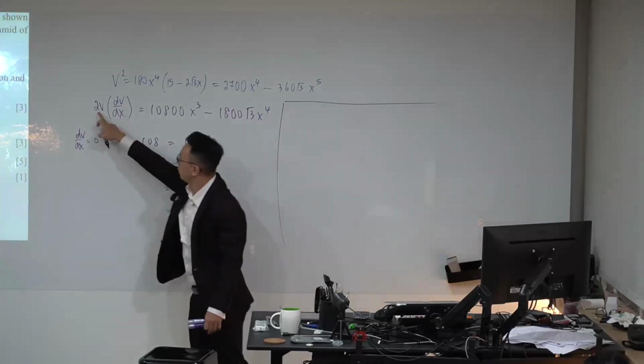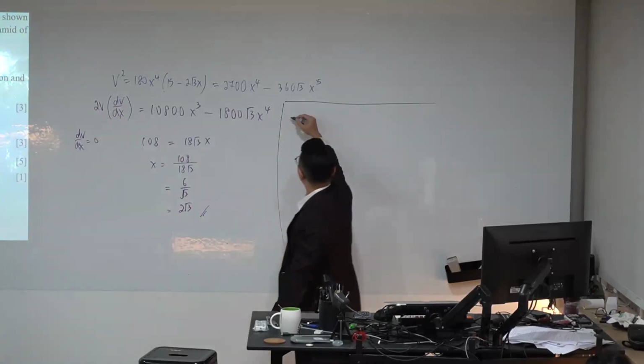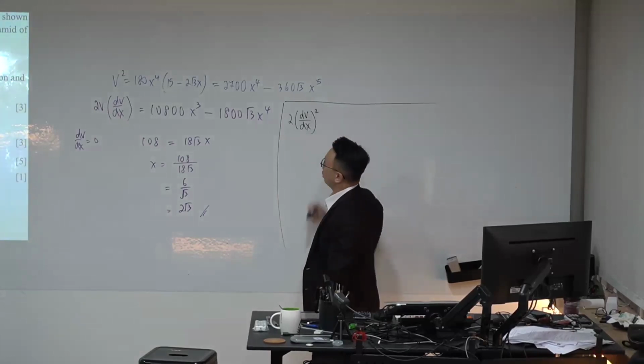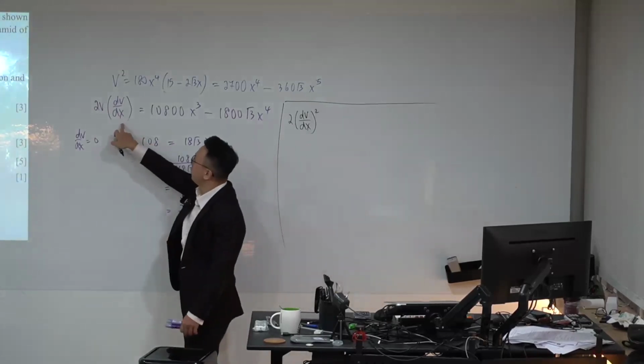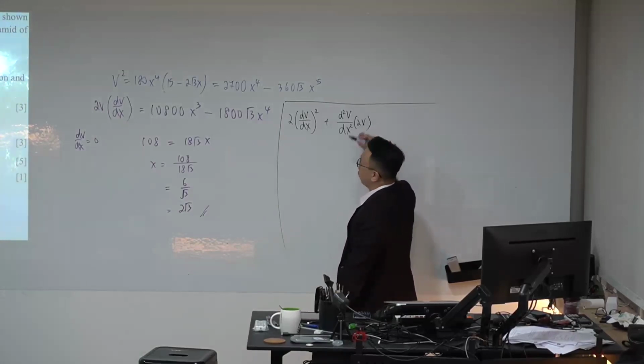You have, differentiate 2v is 2 dv/dx, must multiply by another dv/dx. So it's 2 (dv/dx) whole thing squared, right? Then differentiate dv/dx into d squared v over dx squared, times 2v. Agree?